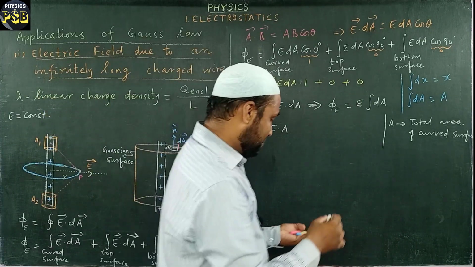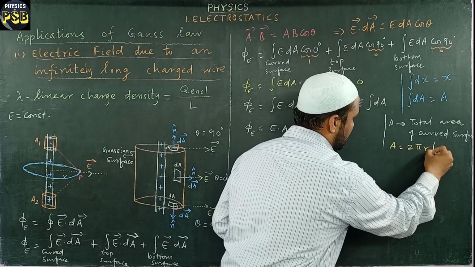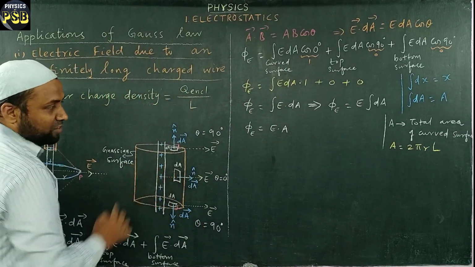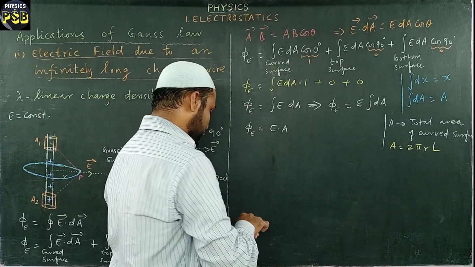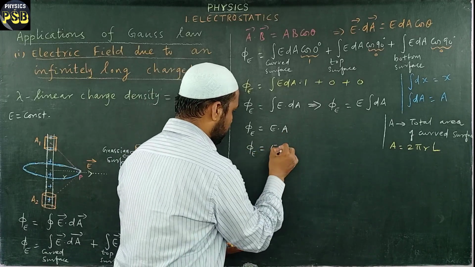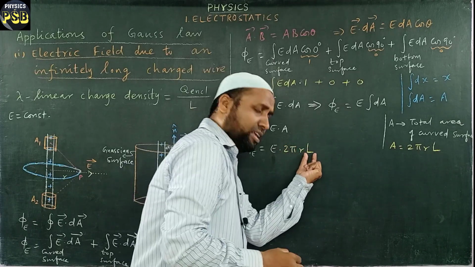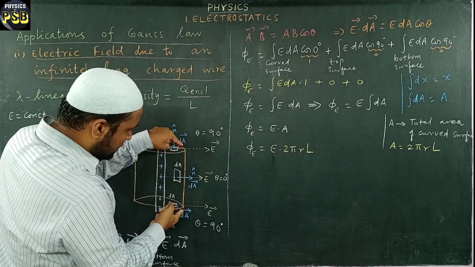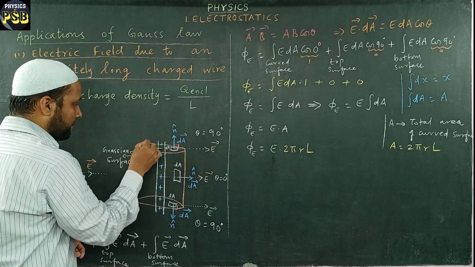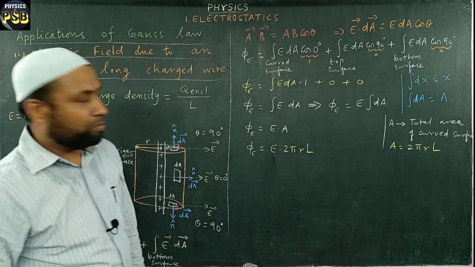So it is represented as A is equal to 2 pi R L. This is the area of the curved surface of this cylinder. So in the place of this I write 2 pi R L. What is this L? Here L is the length of this cylinder and R is its radius. This R. I hope you have understood.